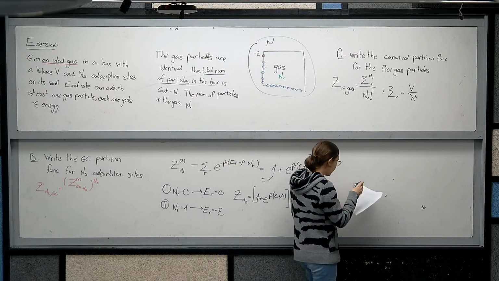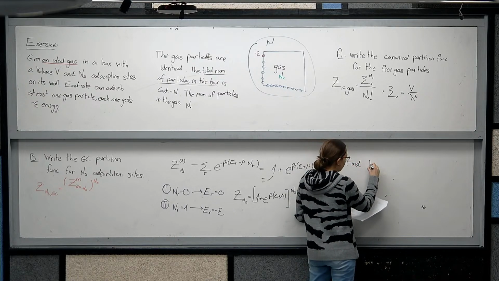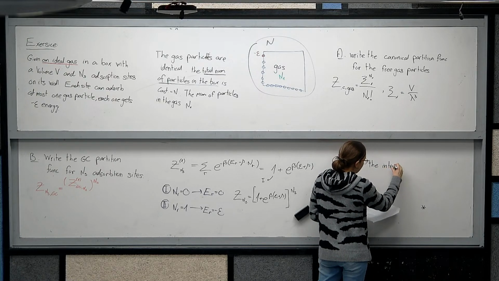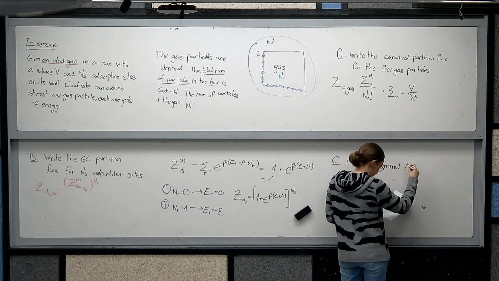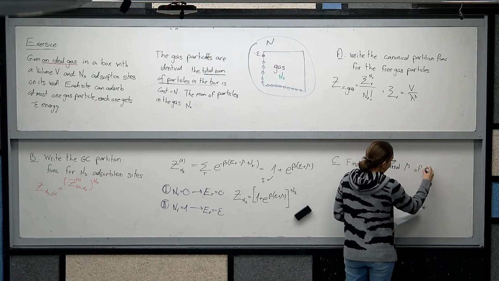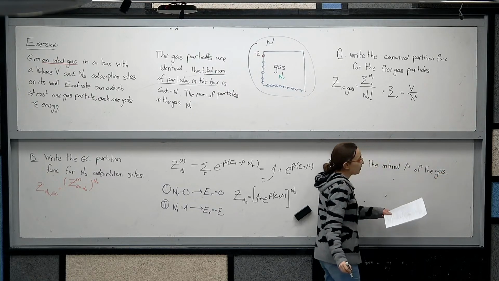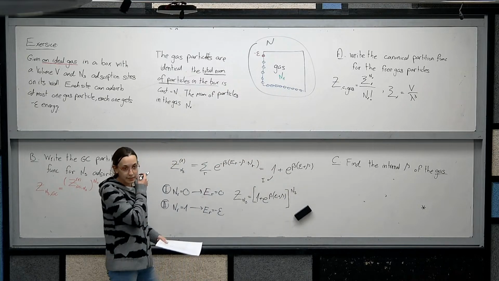Okay. So now in the next section we want to find the internal chemical potential of the gas. So now we're talking again about the gas and not about the adsorption sites.